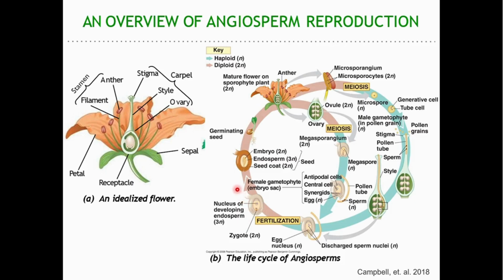And then this eventually will become the seed of the plant, consisting of the embryo and then the endosperm and the seed coat. This seed will become a germinating seed and eventually will be a mature plant, which will produce a mature flower in the sporophyte plant, and the cycle will continue to occur.